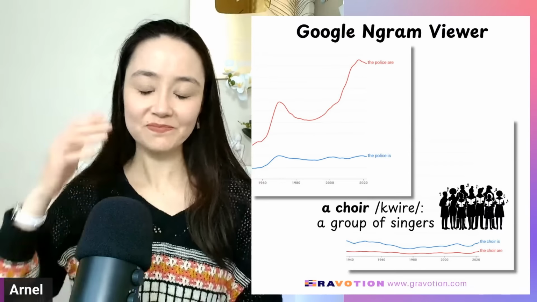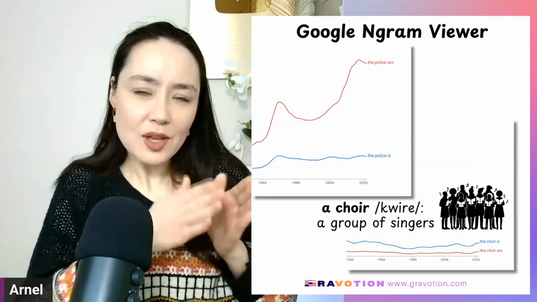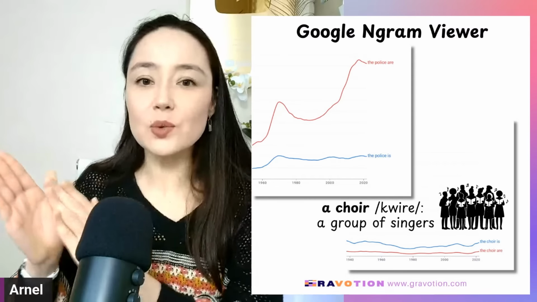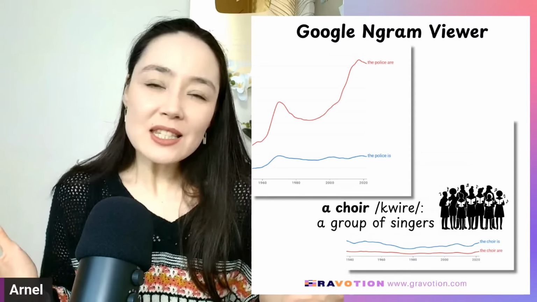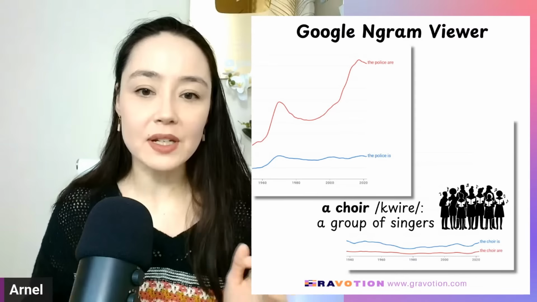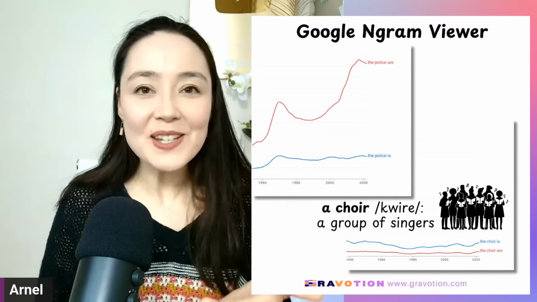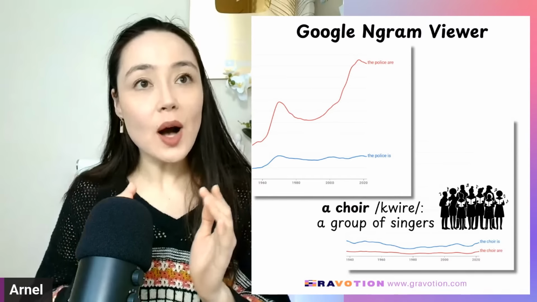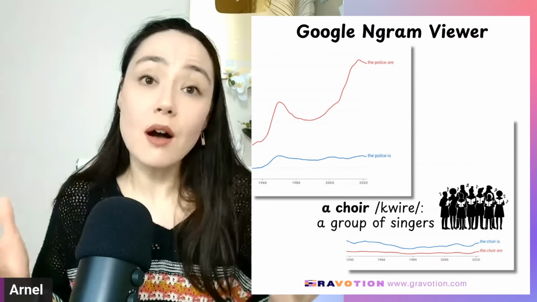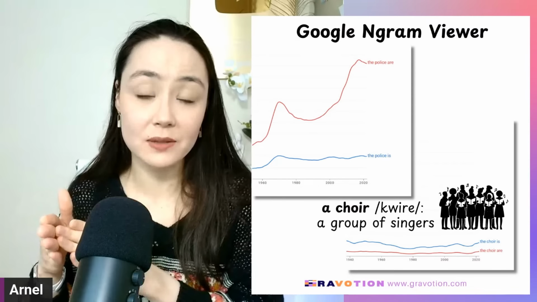Okay. Whenever I say something like, this is how it is in grammar, these are the rules, I just want to show you that with the language, it's never 100% definite. I use something called a Google Ngram viewer. You can check it out. Maybe you use it as well. This tells you which phrase is more common in all the books that have ever been published.